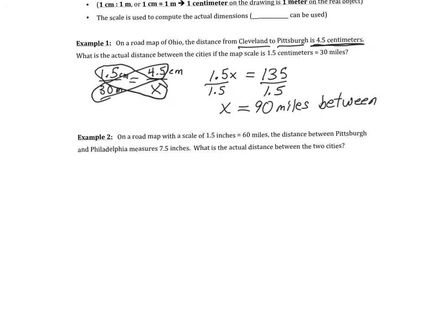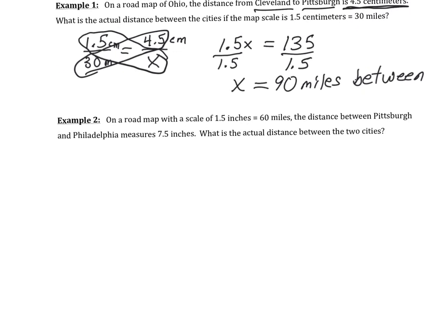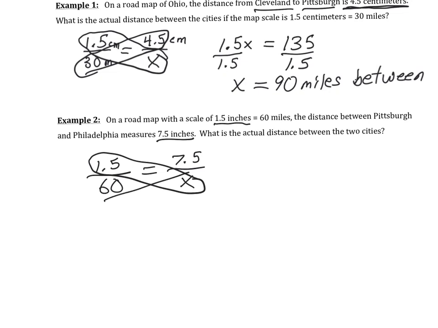Example number 2. On a road map with a scale of 1.5 inches equals 60 miles, the distance between Pittsburgh and Philadelphia measures 7.5 inches. What is the actual distance? Okay, so we have inches here, we have inches here. So we're dealing with 1.5, and this time I'm not going to put the labels there. 1.5 over 60 is the same as 7.5 over our mystery. Cross multiply. 60 times 7.5 equals 450.